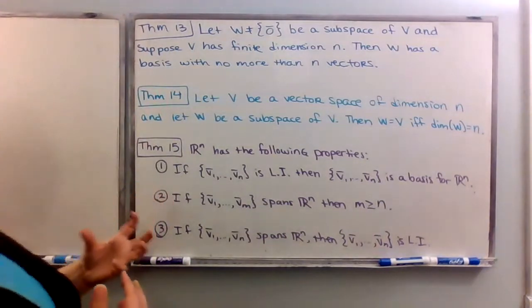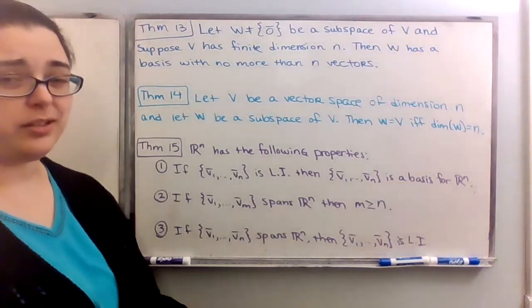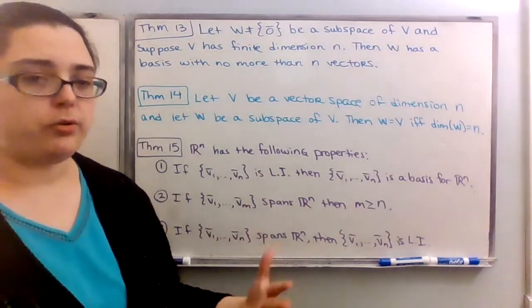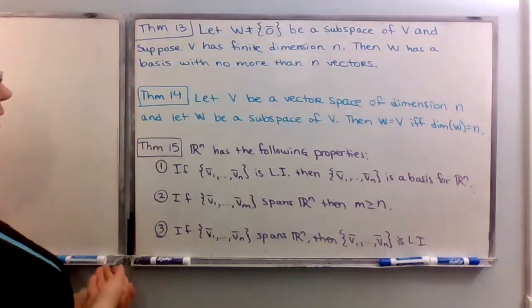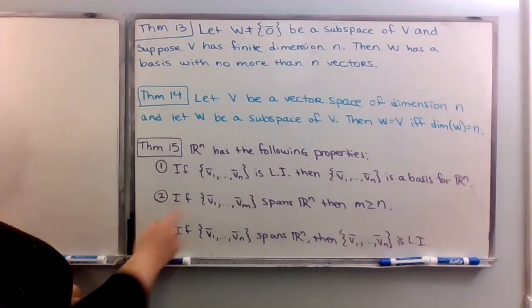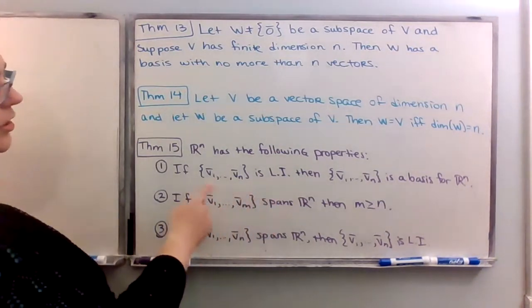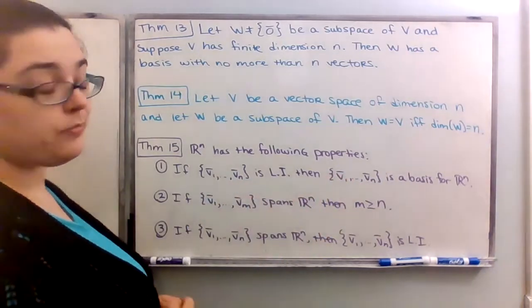And we can apply these theorems to make some conclusions about vector spaces in Rn in particular, especially because we now know that Rn has dimension n, right? So we have these following 3 properties. If I have a linearly independent collection of n vectors, then it's a basis for Rn.